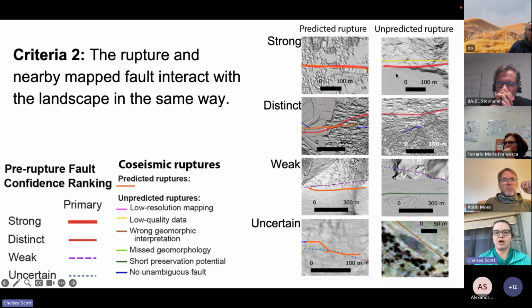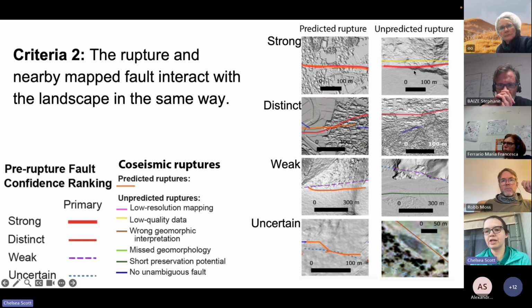Here in the top right, you can see the predicted rupture example that I showed on the last page, where the rupture shown in orange and the fault in red, that pair is associated with a predicted rupture.